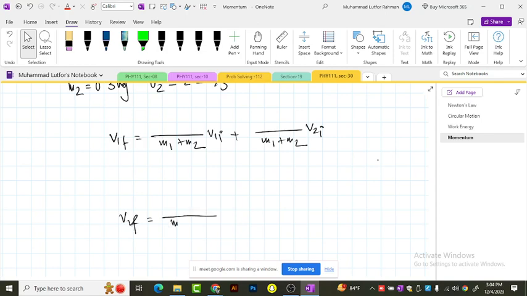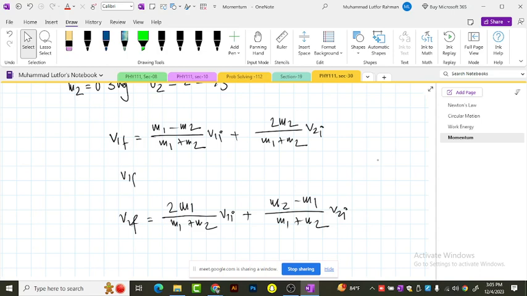For V2F, it is the same denominator, M1 plus M2. The difference is over here: it should be 2M1 for the first term, and M2 minus M1 for the second. So now you have this information.